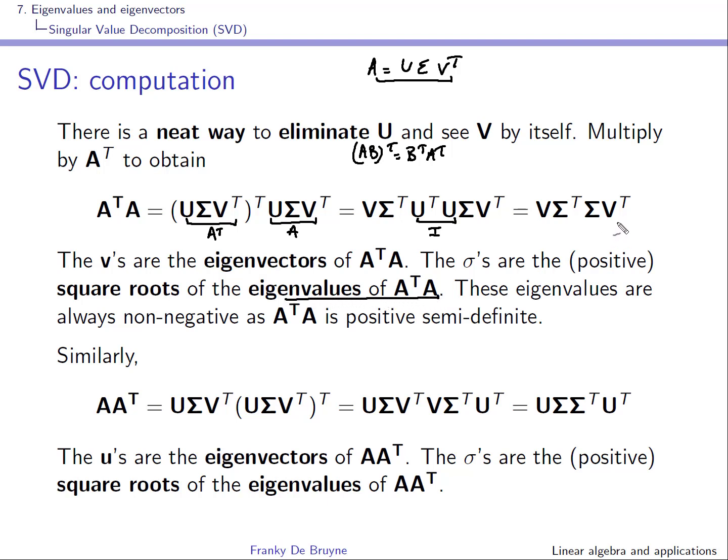Remember that this looks like something we had written a little bit differently: we had written it Q lambda Q transpose.